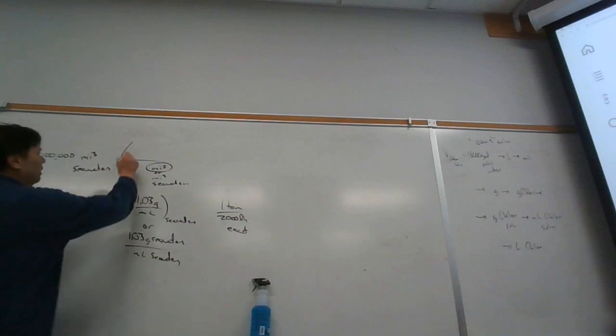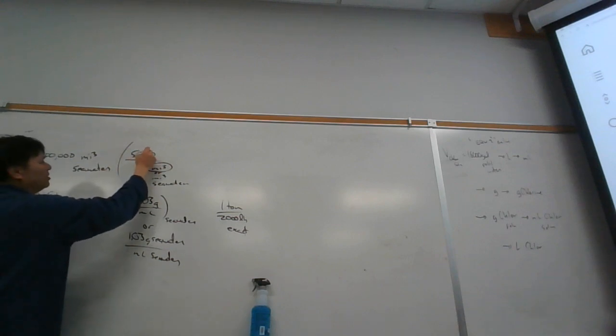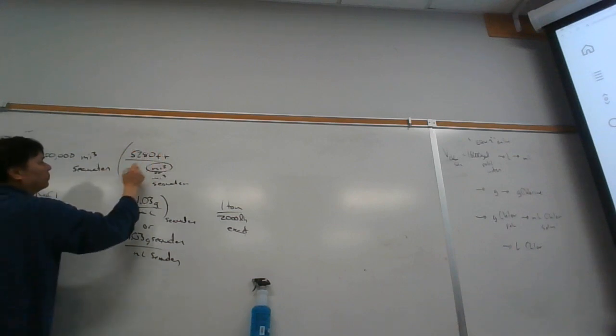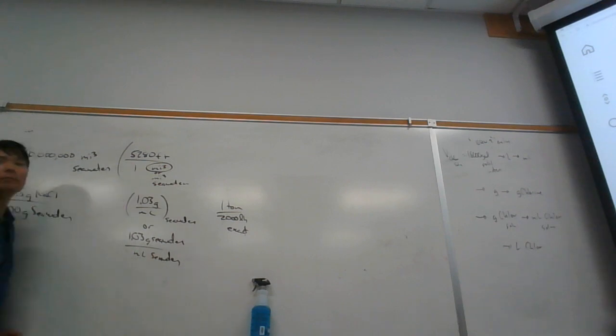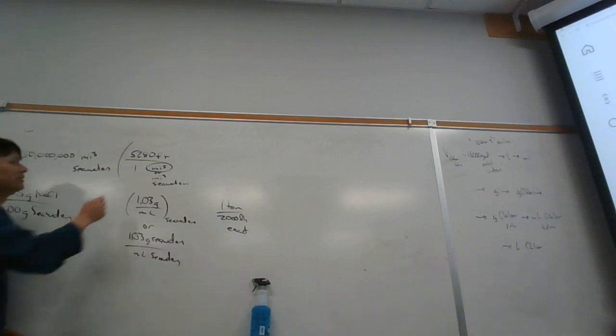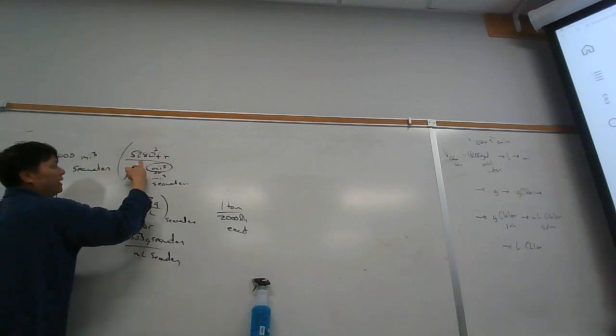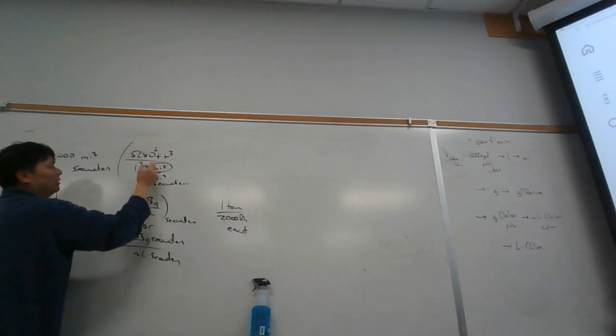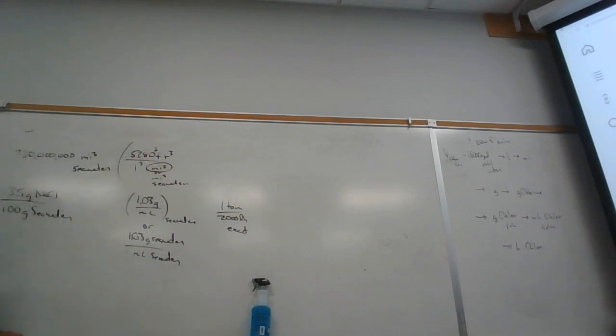Yeah, 5280 feet per mile. But that's feet per linear mile, not cubic mile. So what do I need to do for this one? Cube everything, yeah. So this is going to be 5280 cubed feet cubed, 1 cubed miles cubed, and then it works.